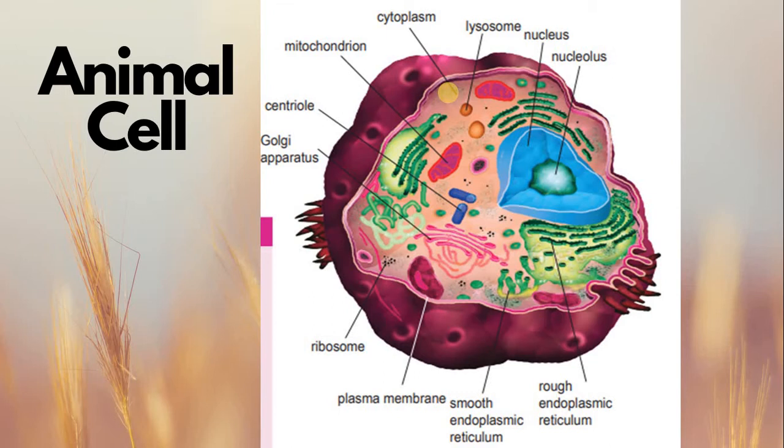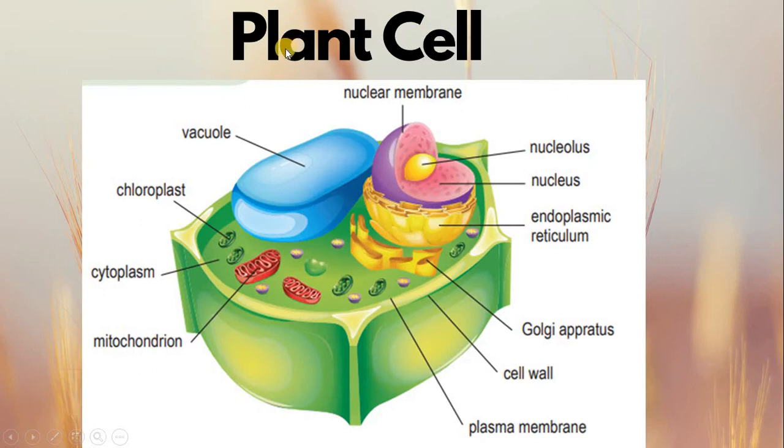So make sure you can analyze and identify all the components of the animal cell, and differentiate between the components. Now we look at the plant cell. The plant cell consists of the cell wall, the outer layer, and then the plasma membrane, and the nucleus with the nucleolus here.